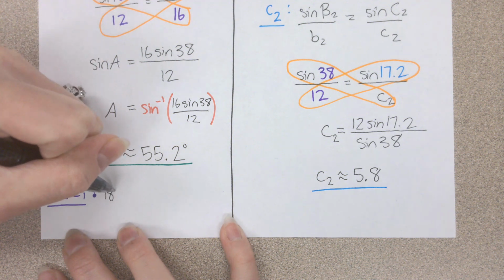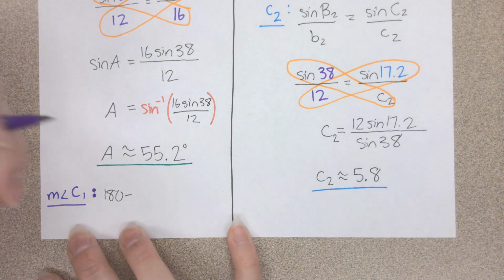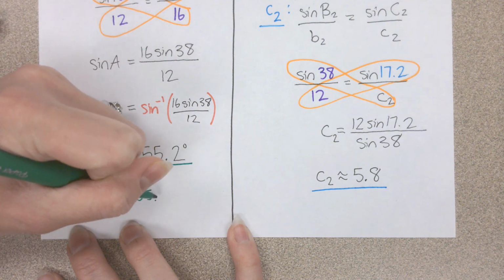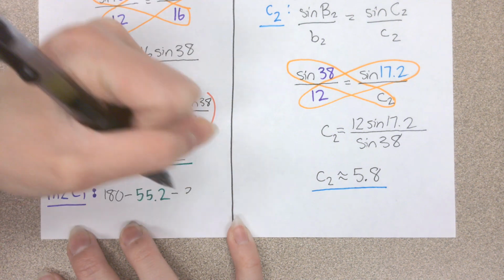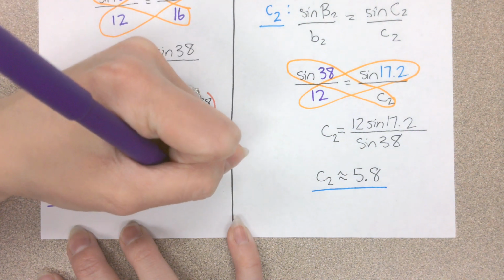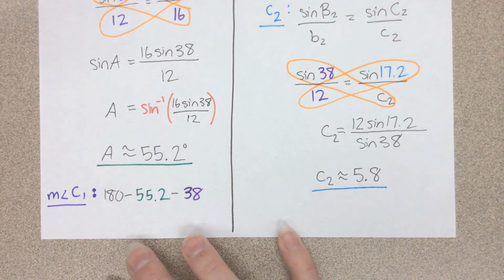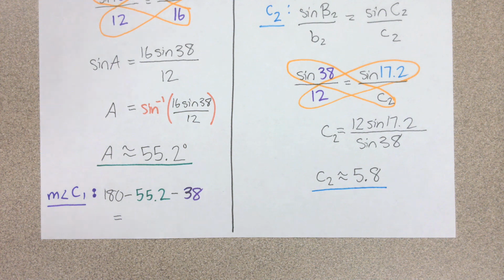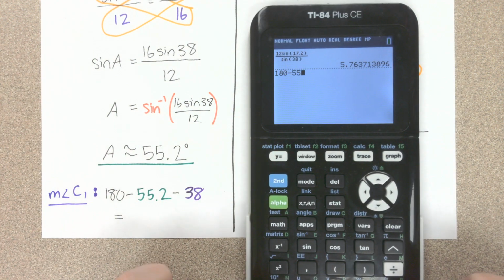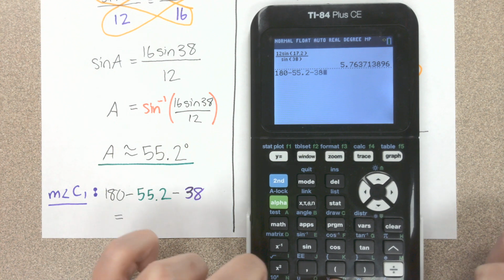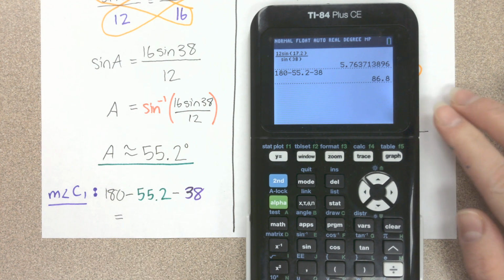We have 180 minus, we were given, I'm going to write out A first. A was 55.2 minus 38, which was B. 86.8.